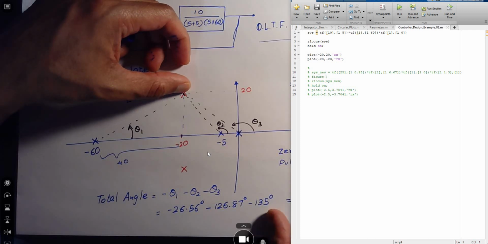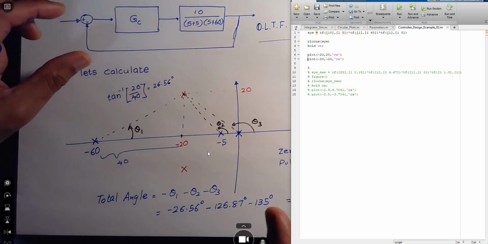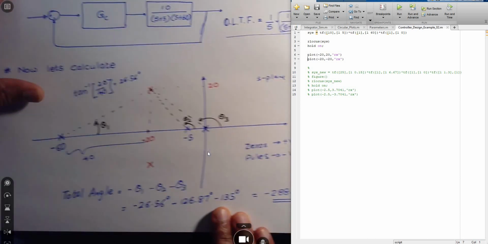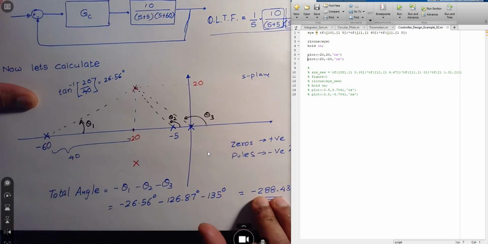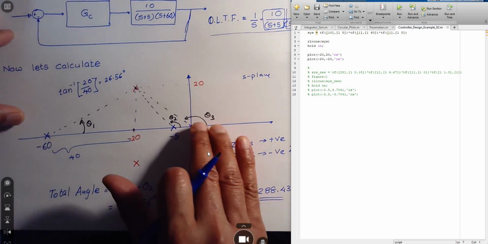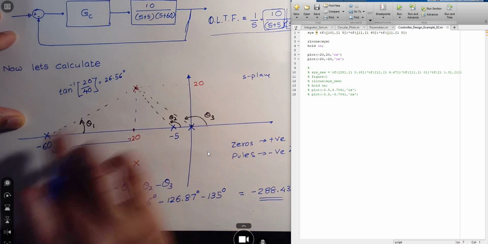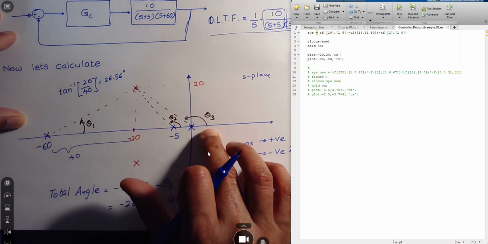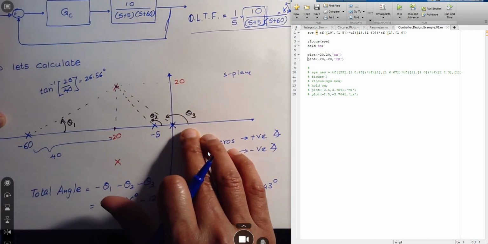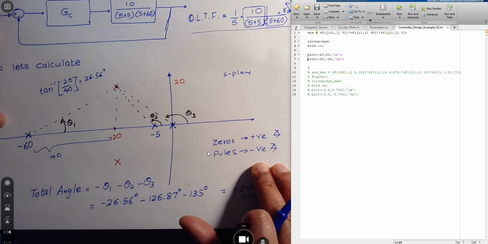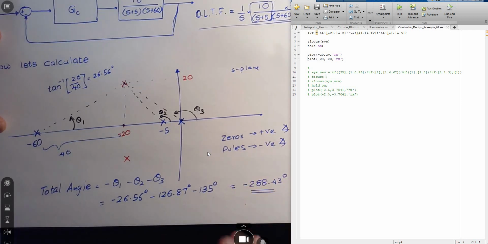Okay, now how is this useful? Let's think about that. This tells us the amount of angle that these poles contribute. If that's the case, let's talk about angle deficiency.